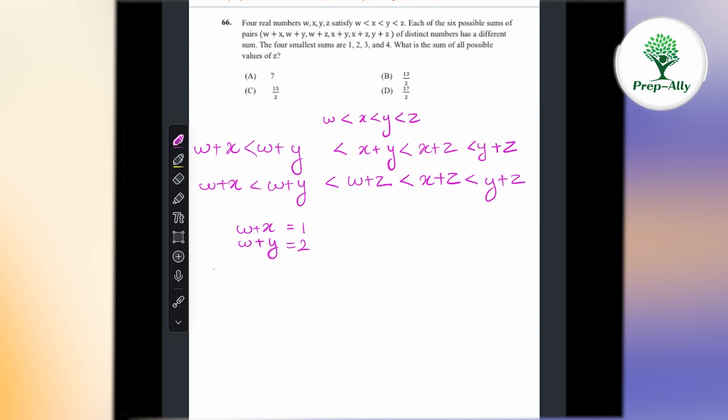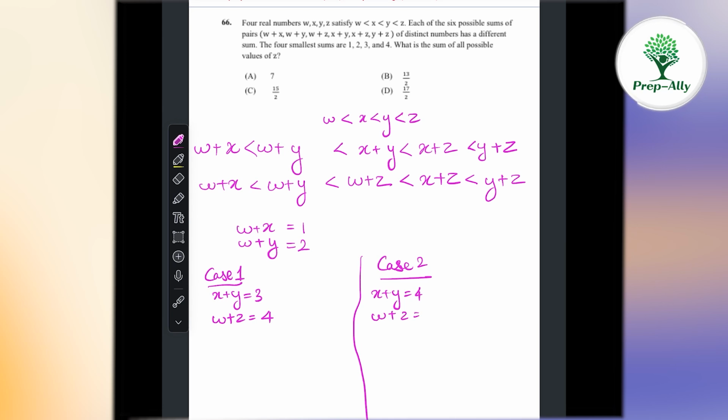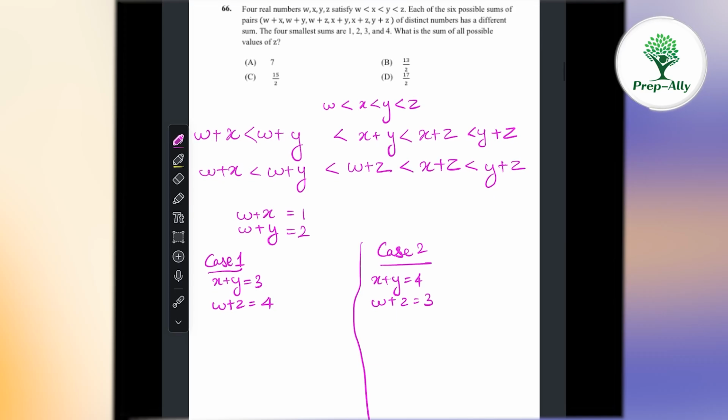So we have two cases. Case 1 where X plus Y equals 3 and W plus Z equals 4, and case 2 where X plus Y equals 4 and W plus Z equals 3, right? So from these two equations we have Y minus X equals 1.